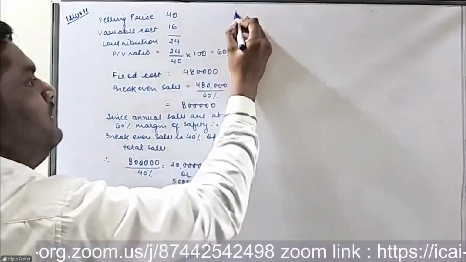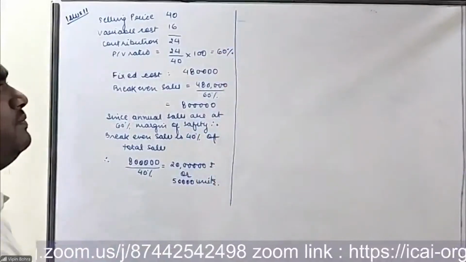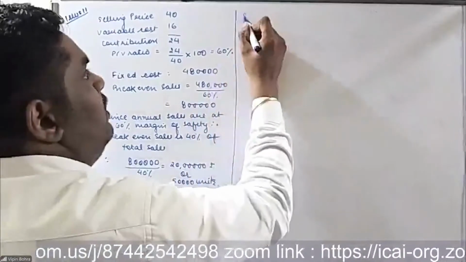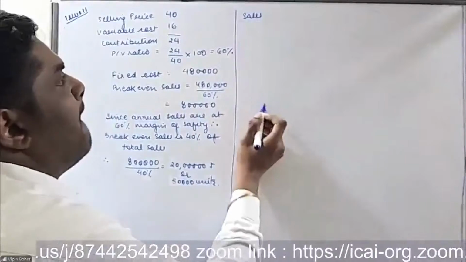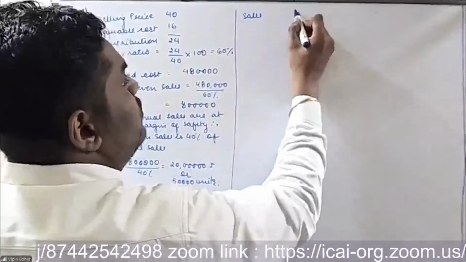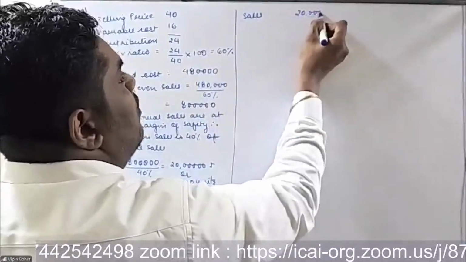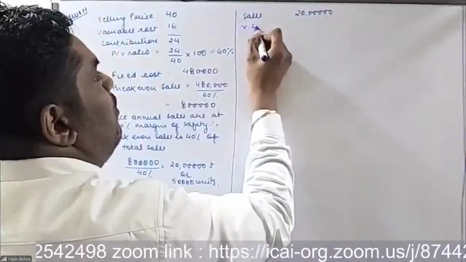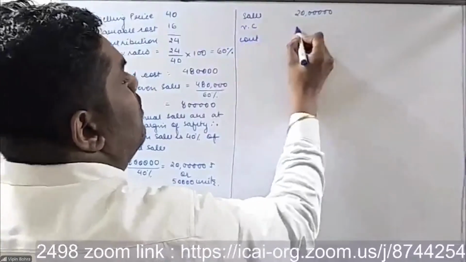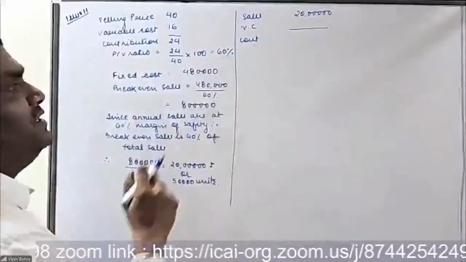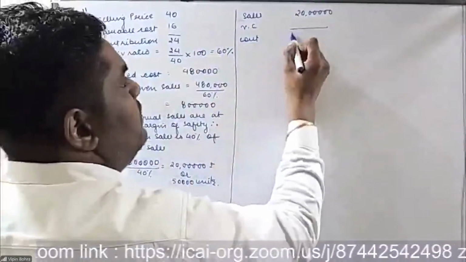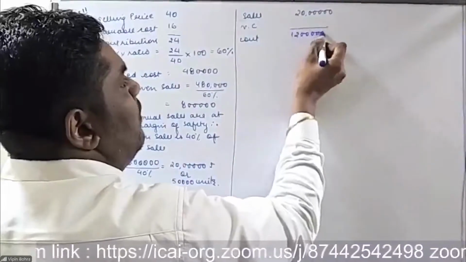Now let's calculate the net return. So we have got the sales, that is 20 lakh rupees. Since my PV ratio is 60%, my contribution will be 12 lakh.